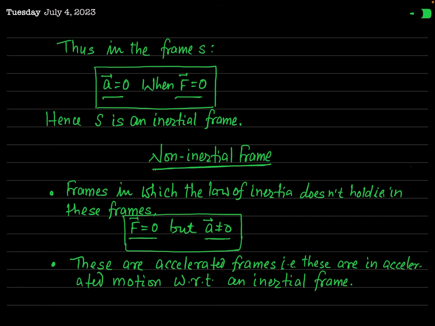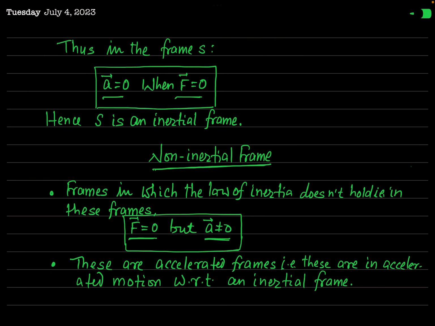But if Newton's first law of motion is not valid, then there will be the condition that F is zero, meaning we consider a force-free body, but when we measure the acceleration of the body, it will be non-zero. So if you find the acceleration of a body non-zero with respect to a frame, although the net force on the body is zero, then you must say that very frame is a non-inertial frame.